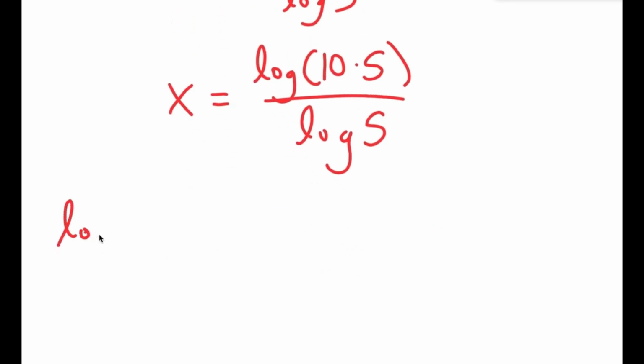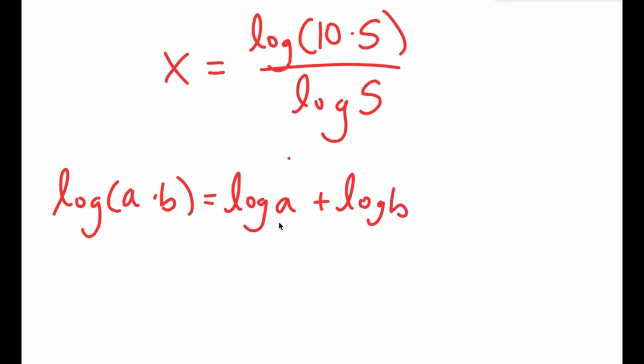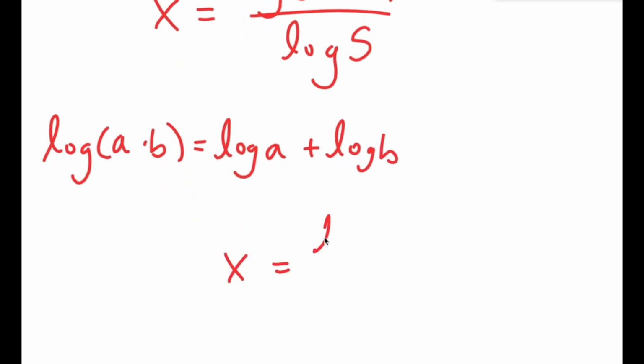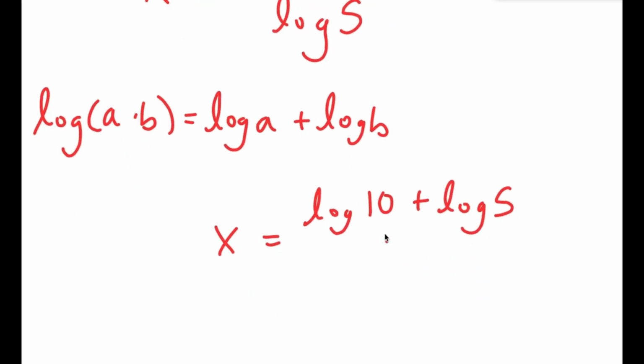And if I have something in the form log a times b, this is equal to log a plus log b. So this turns into x is equal to log of 10 plus log of 5, and I have this over log of 5.